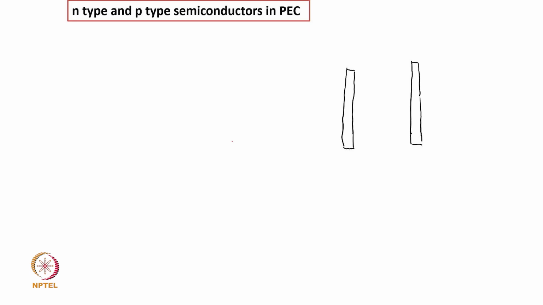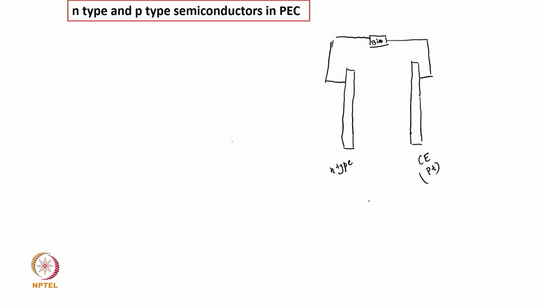So we have the N-type electrode here and the counter electrode here, generally platinum, okay, and then we have a circuit with a bias.